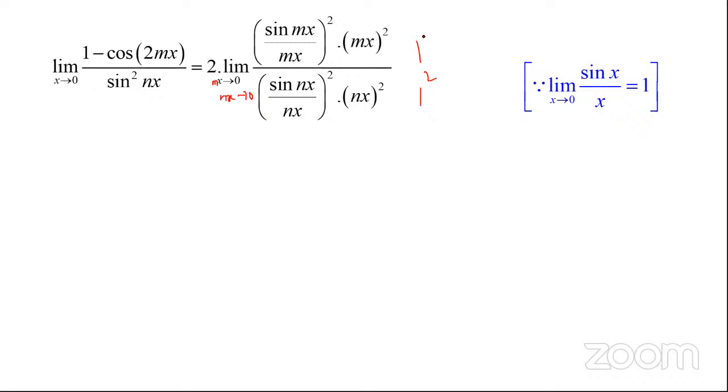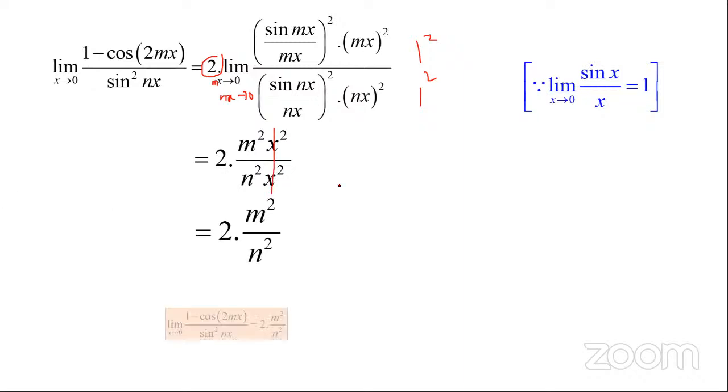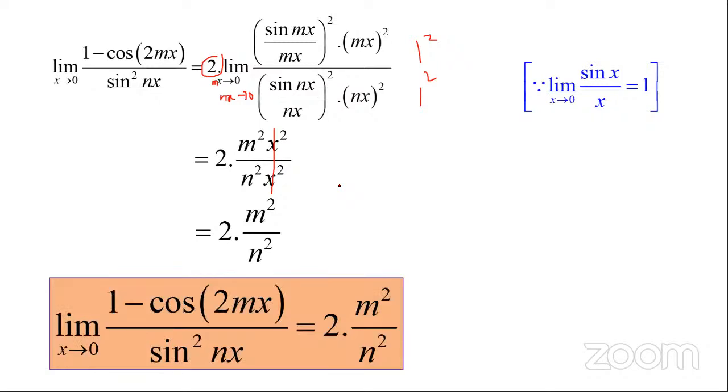So there is no change. Then you will get 2, and the remaining values m square x square by n square x square. Then x square will get cancelled, and you will get 2 into m square by n square. This is the required answer for the given question.